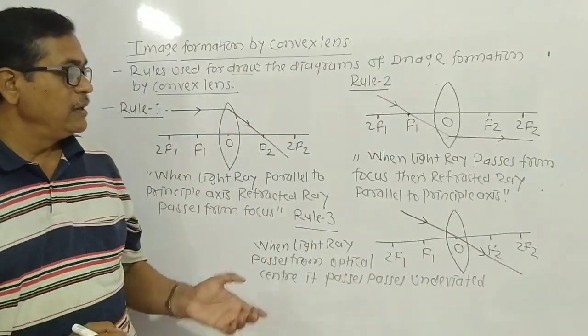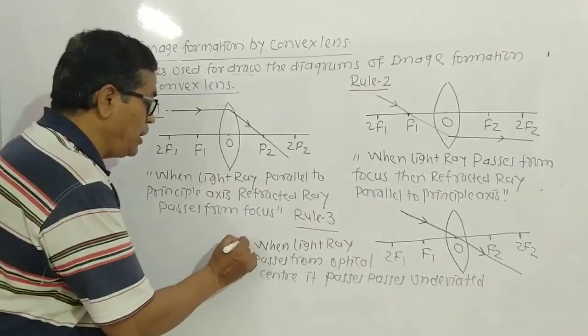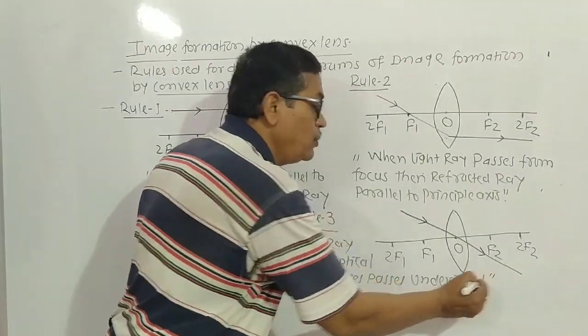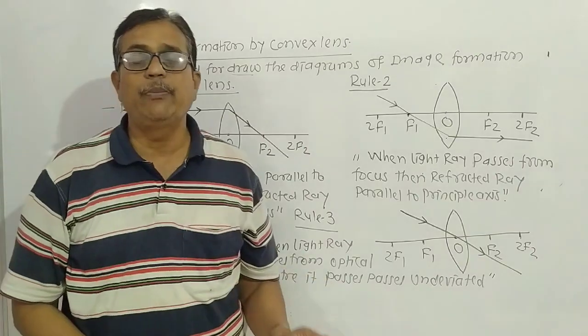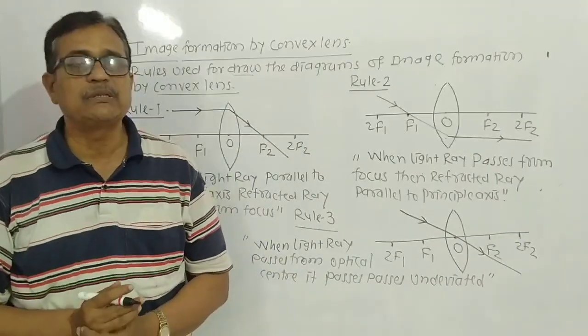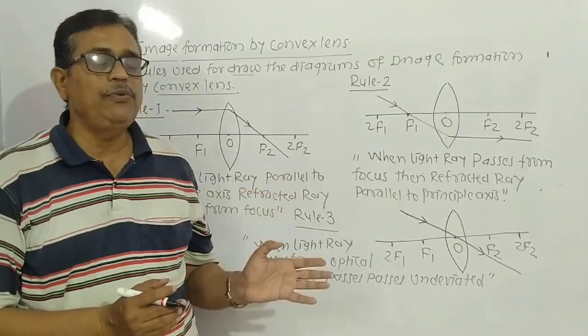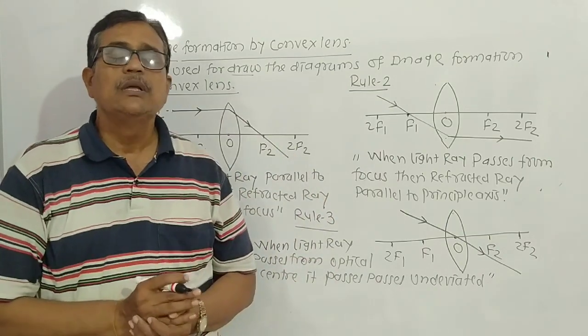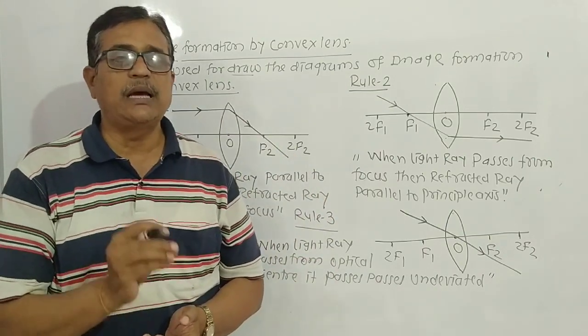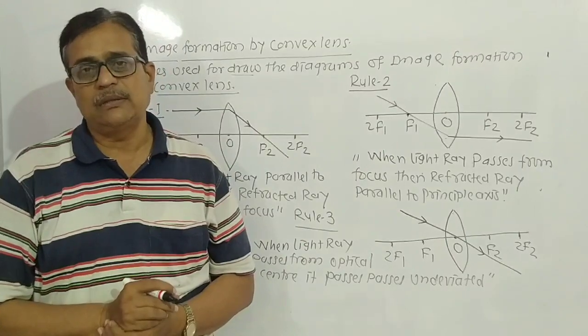Means in this way, dear student, there are three rules which can be used to draw the diagram of image formation by convex lens. Look here, if you understand these three rules, then you can easily draw the diagram using the convex lens.